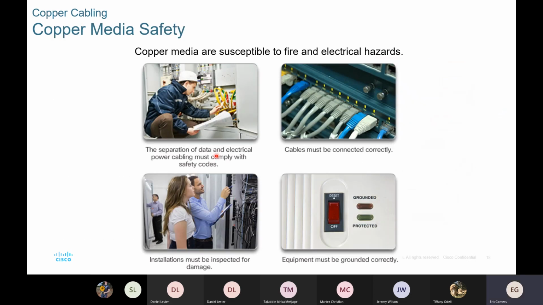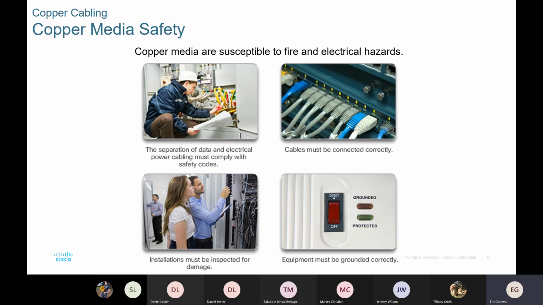So there are many things that you should take into account when you have a network. For example, it is very important that you use different paths for the electrical cable and the data cable. They should not be together, because the electrical cable creates a big magnetic field.